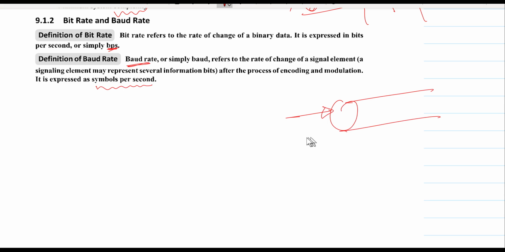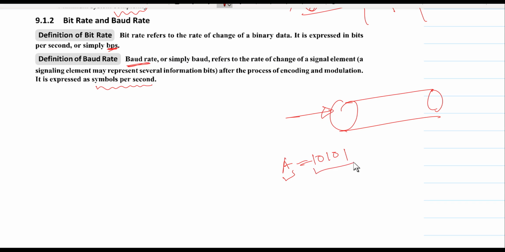So if a symbol may be represented by more than 1 bit, this might represent 1 symbol. So the more symbols that are flowing per second, the higher the baud rate.